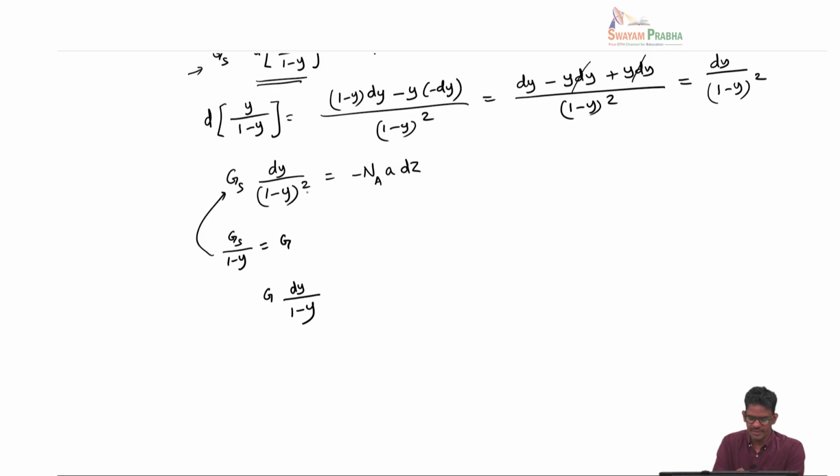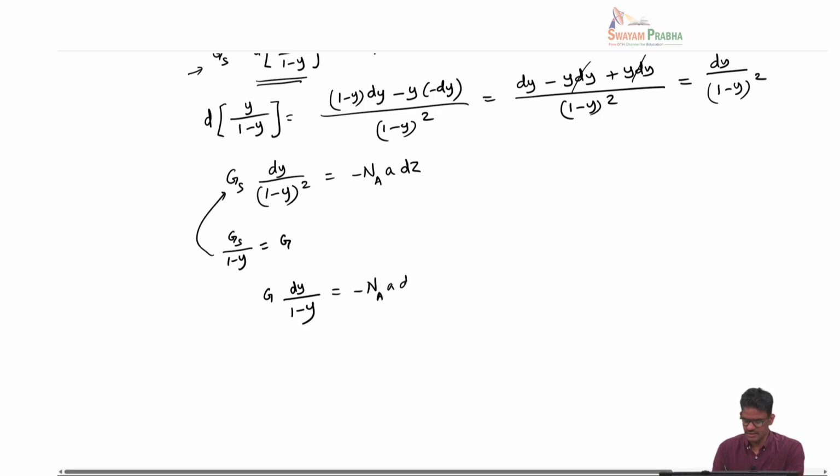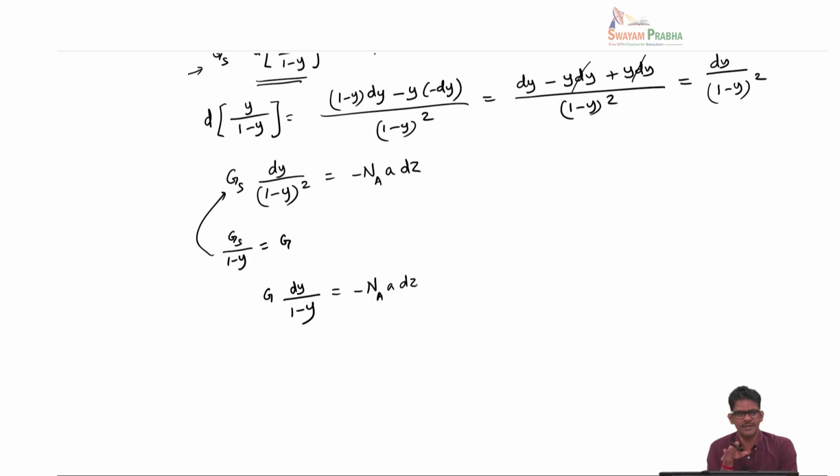Here I have 1 minus y whole square, so I can take one 1 minus y and write Gs by 1 minus y, and that is nothing but G. So I can now write G times dy by 1 minus y. On the right hand side I have minus NA dz. So what I have done is written G in terms of Gs, dealt with the differential, and I am actually reusing the value of G, but now the G is outside the differential.